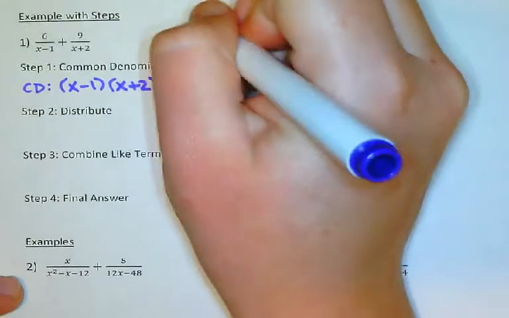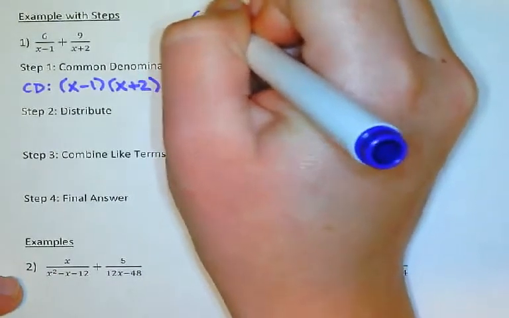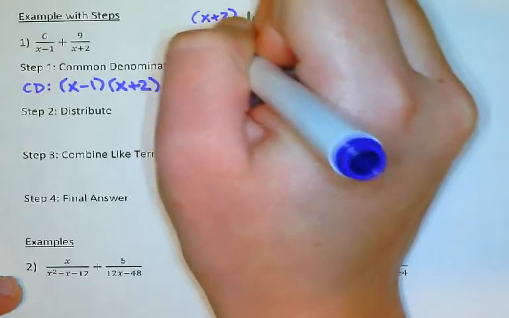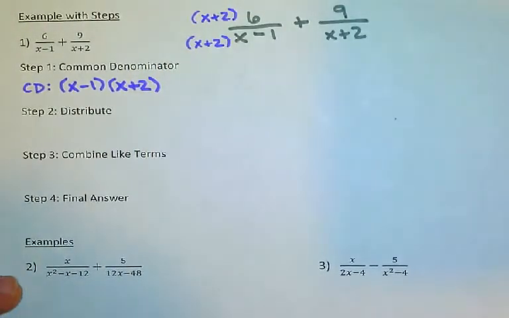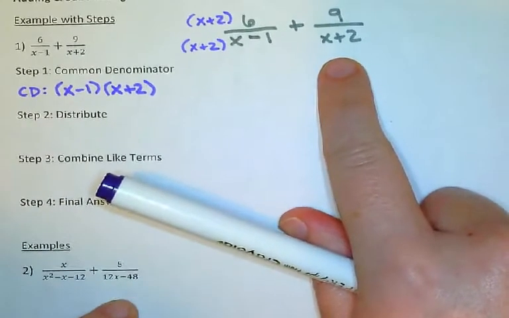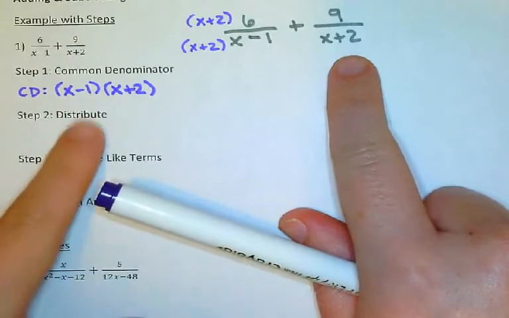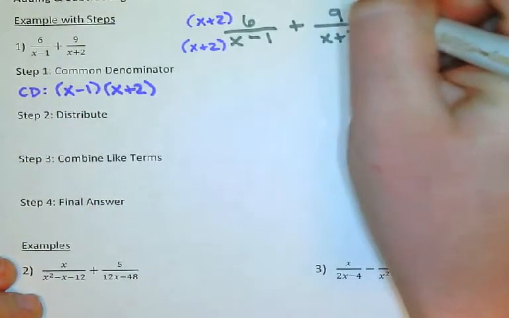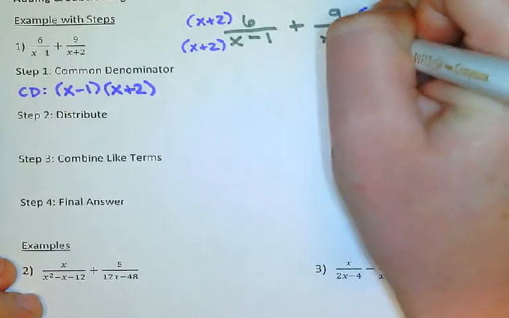So we're going to multiply both the numerator, the top, and the bottom by x plus 2 because that's what it's missing. Alright? What is our second fraction missing? It's missing the x minus 1 in our denominator. So I'm going to multiply the top and the bottom by x minus 1.